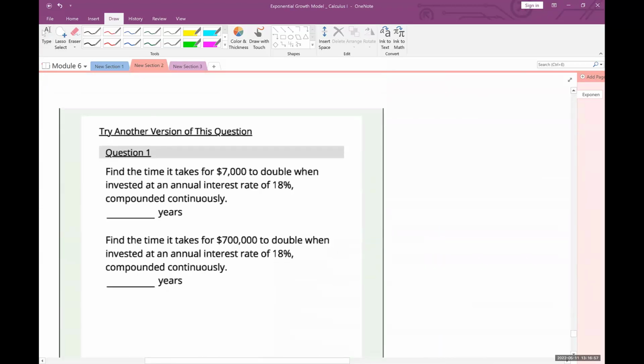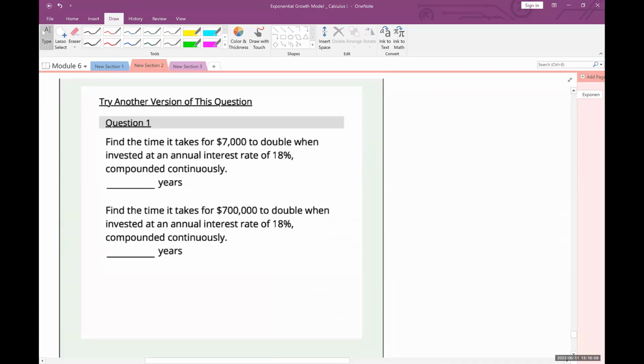Okay, last problem for this section. Find the time it takes for $7,000 to double when invested at an annual rate of 18% compounded continuously. So what we can do is go the whole long way of saying that 14,000 equals 7,000 times e to the 0.18 times t and work on it that way.